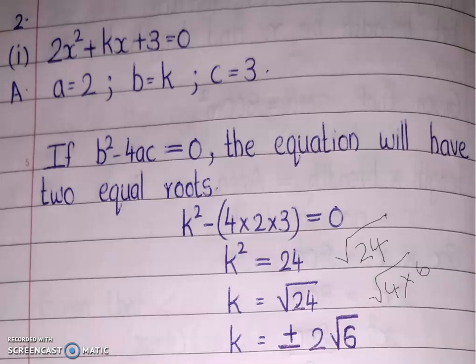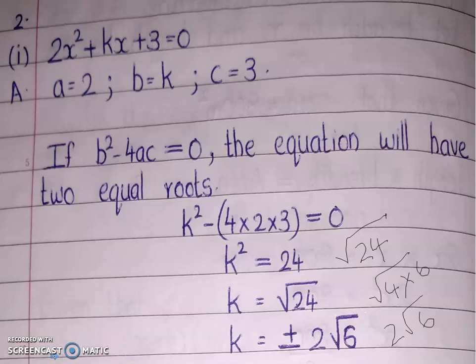This 4 I took it out of the square root, I'll get 2 root 6. This is how I split it, or I took 4 outside. So plus or minus 2 root 6.